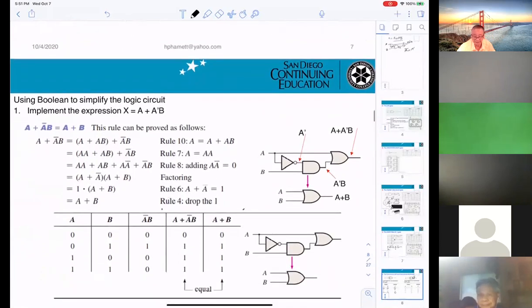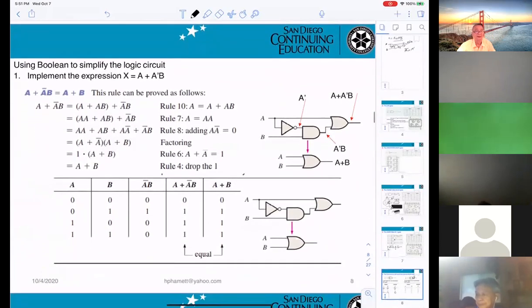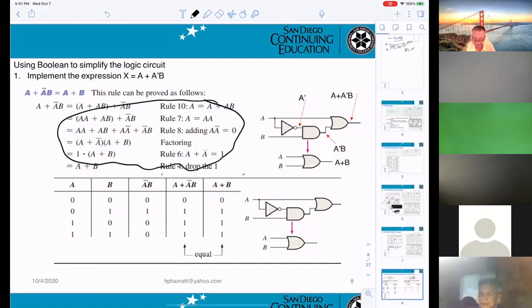This is Boolean algebra. They apply the laws, whatever, who cares? However, after they are done, they say A and NOT B is the same as A OR B only.